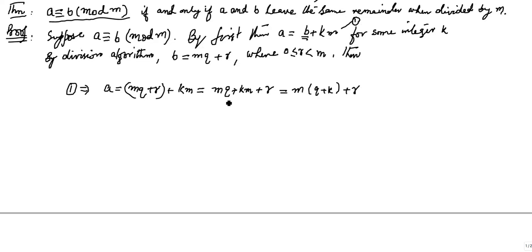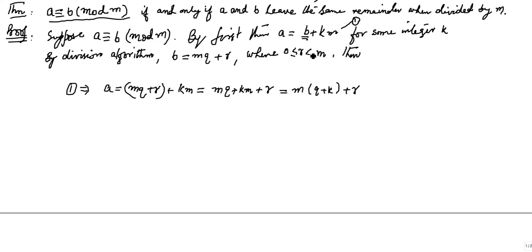So, if we use the division algorithm, according to the division algorithm, if A is divided by M, then we have some unique integers such that A can be written as M times some integer plus R. Okay.